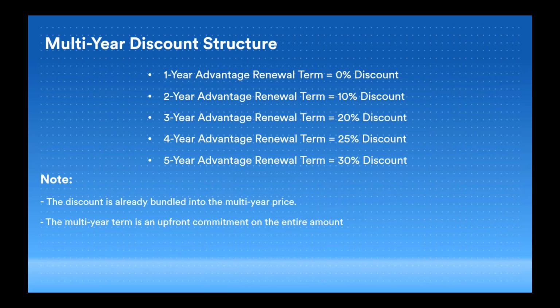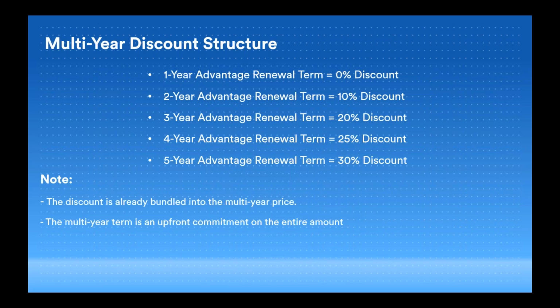And then if you're looking for anything 2 to 5 years, you see that there is a deeper discount the more years that are purchased here. That discount is already bundled into the price on the quote when you receive it. So if you're saying the customer is interested in a 3-year, then that extra discount on top of your partner discount is included in the quote when you receive it.